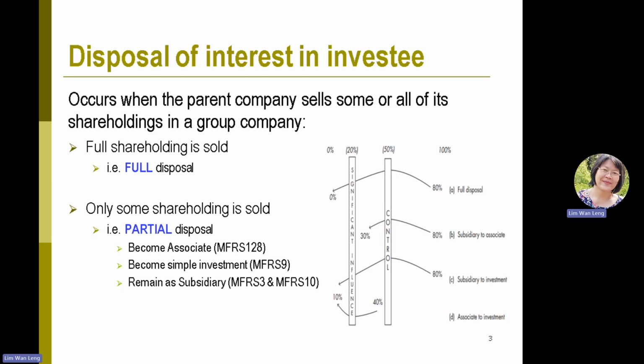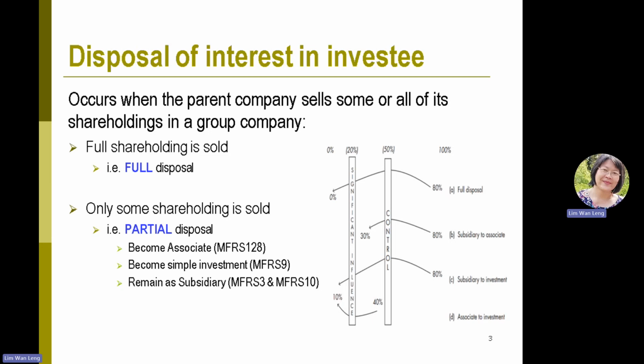So if you have 80% initially, then when you dispose of, you become zero. Can you see that it crosses the 50% boundary? So in other words, you have to calculate the gain or loss on the disposal.